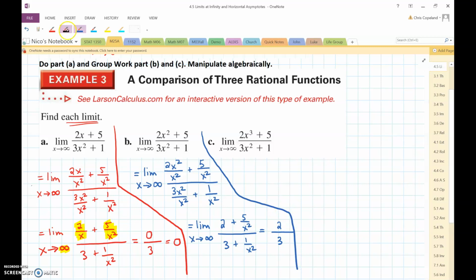Let's look at part C. Same idea here. We're going to take the limit as x is approaching infinity. And for every single term here, you could divide through by x cubed or x squared and analyze it. Either way would work. I'm going to divide every single one by x squared.